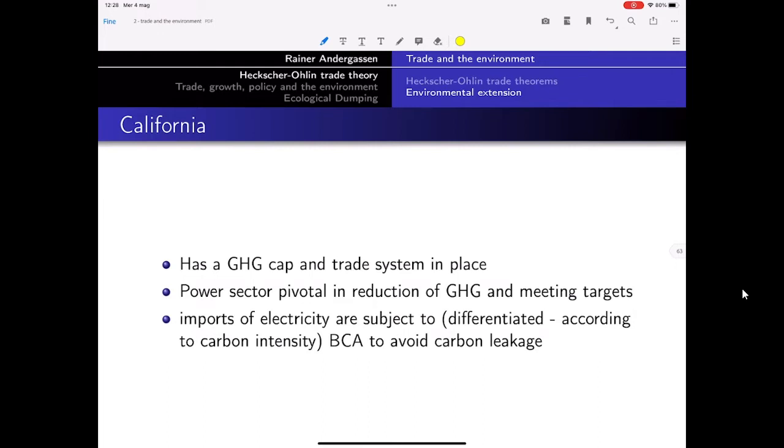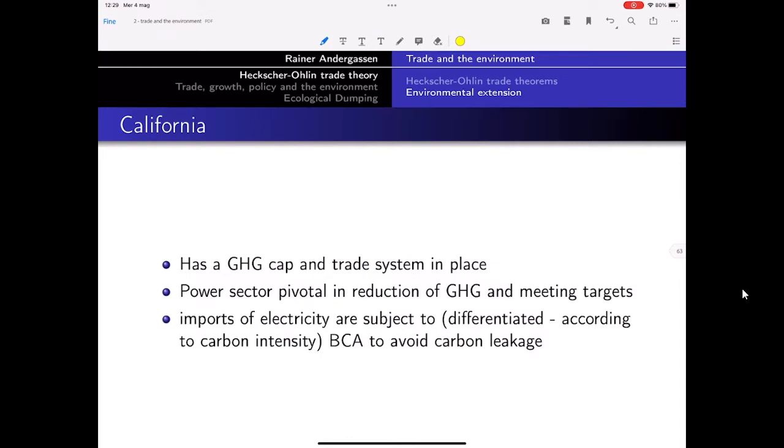Here the authors argue and show that the electricity sector, why the focus on the electricity sector? Because it was crucial in order to meet emission targets, which have already been met in past years.